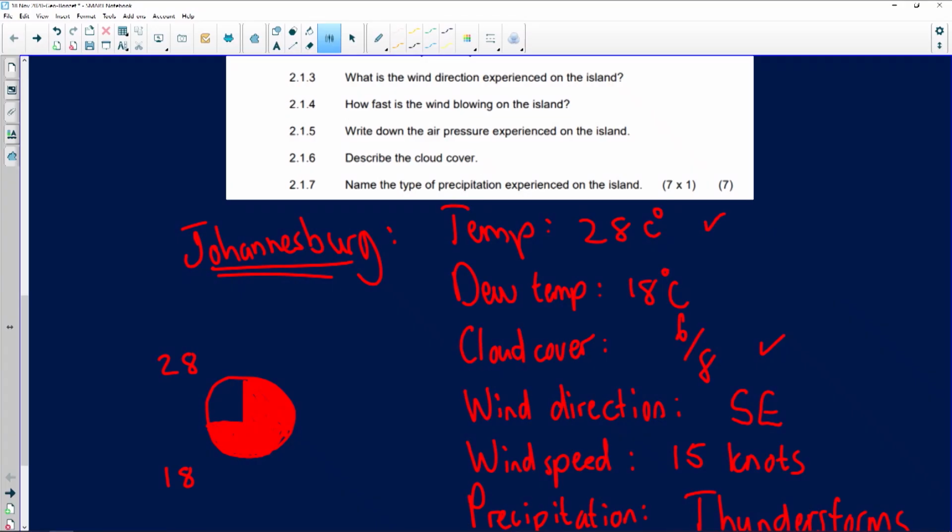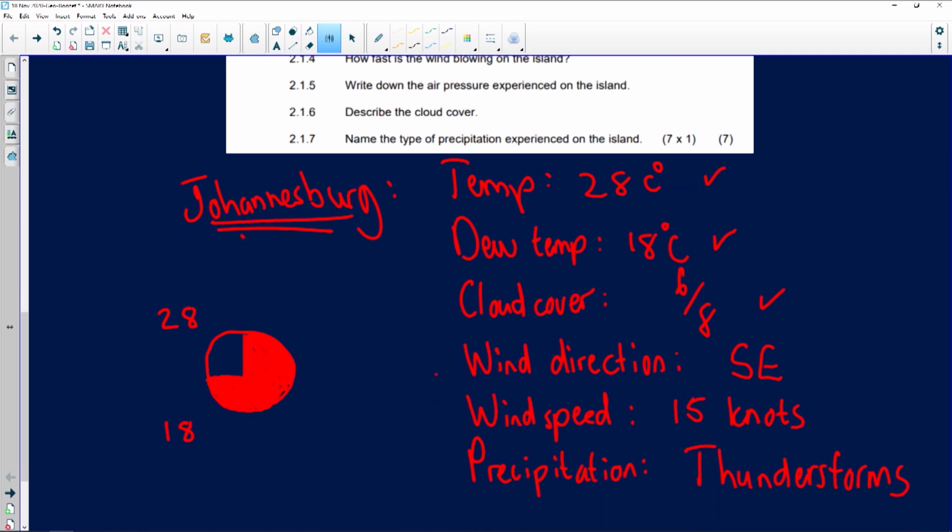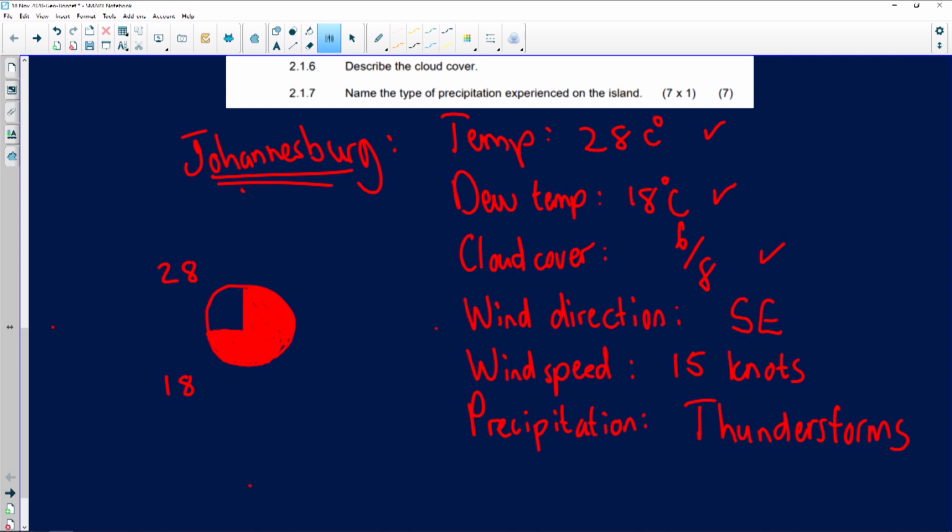So we've covered temperature and the dew point temperature. Now we need to determine the wind direction. Remember, north is always on top. So there's north, there's east, there's south, there's west. The wind direction is going to be southeast, so the elongated line is going to be here. So we've covered the wind direction.